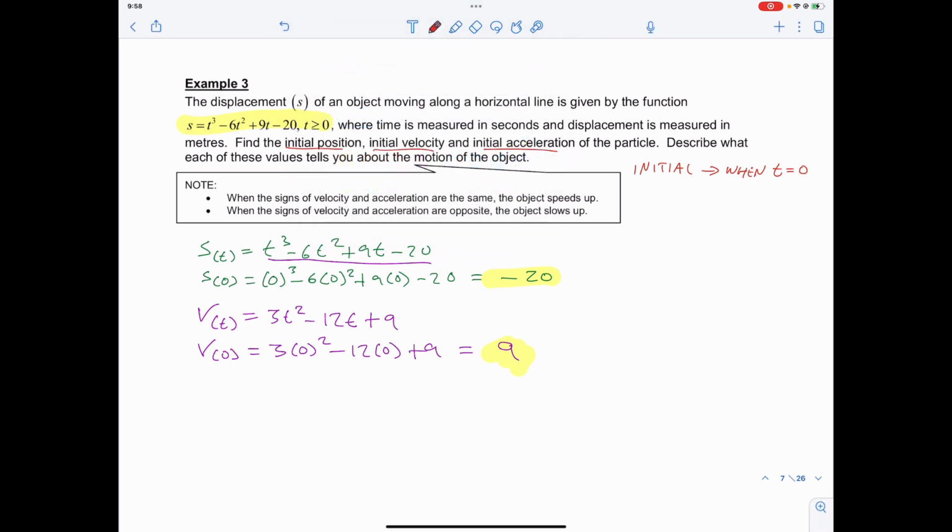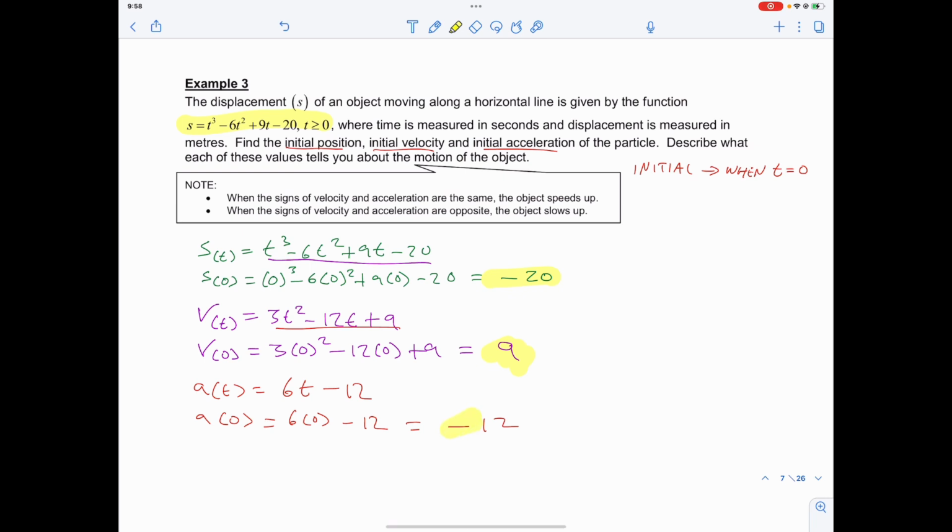And when I go to acceleration, I'm going to take the derivative of that velocity, and I'm going to get 6t minus 12. So the acceleration at 0 is going to equal 6 times 0 minus 12, which is going to give me negative 12.